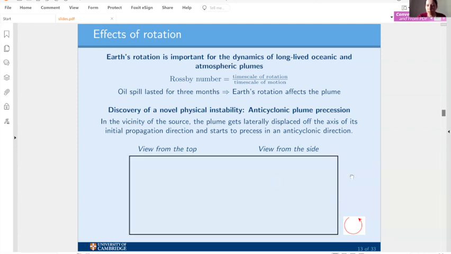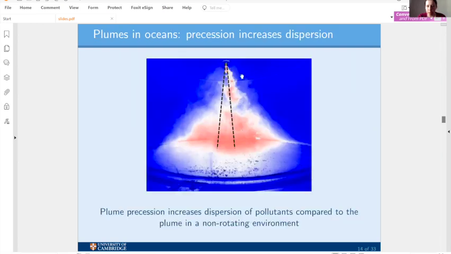Now, this discovery of plume precession was quite a surprising phenomenon, and its most obvious consequence is that it completely changes the contaminant distribution within the water column compared to the non-rotating case. Here, these black dotted lines show you the typical shape of the plume that we would expect in a non-rotating environment.